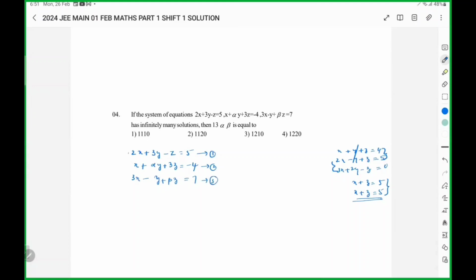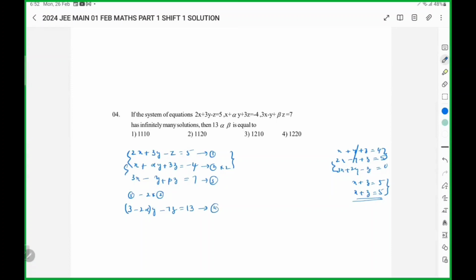I am eliminating x from this: multiply this by 2 and then subtract. So x gets cancelled out. (3 minus 2 alpha) y minus 7z is 5 plus 8, 13. Let us say this is the fourth equation.